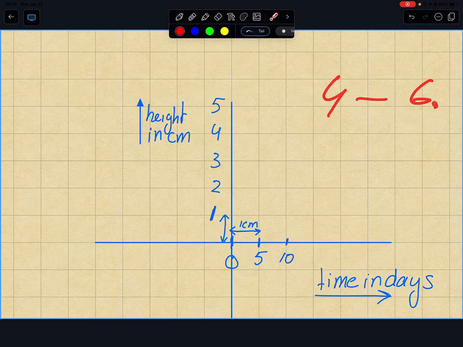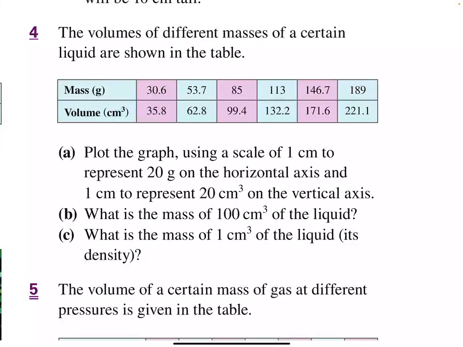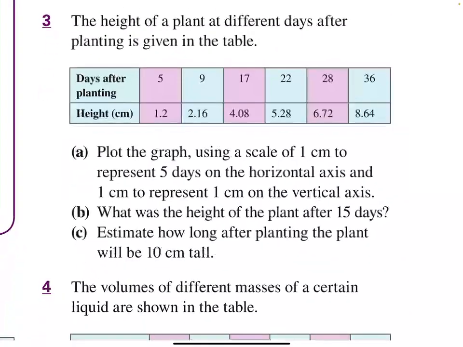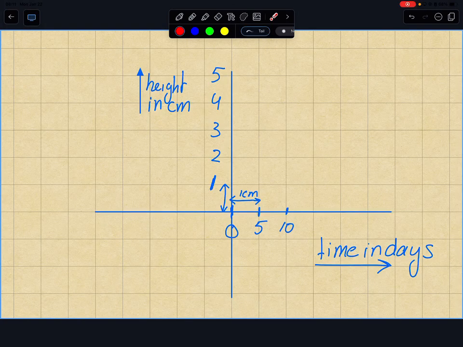So placing everything correctly, like A, scale 1 centimeter represents 5 days, 1 centimeter represents 1 centimeter. This is already 1 point. Just doing that, you got 1 point. Not even filling it in. So doing this correctly already gave you 1 point.